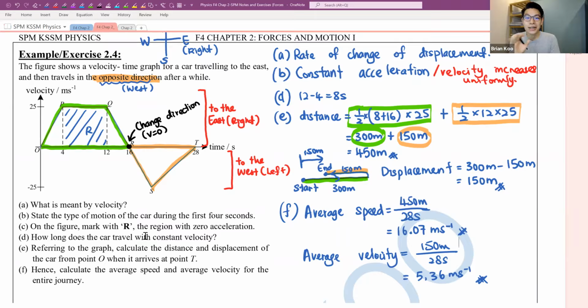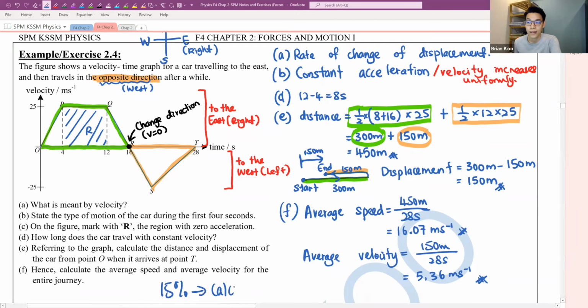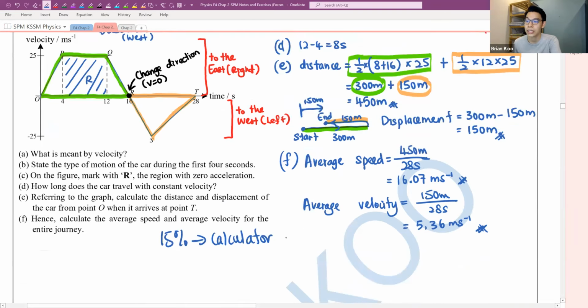And I want to clear a misconception about physics. Physics is not a maths subject, so you shouldn't expect your SPM paper to have a lot of calculation. 15% only, maximum, in the entire physics paper is calculation.